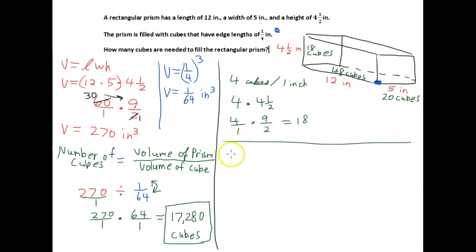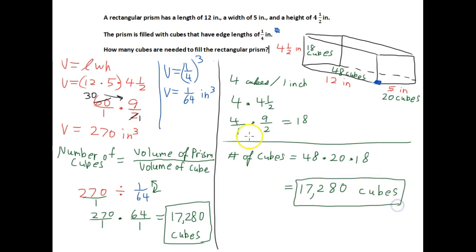I'll show that. Number of cubes equals 48 times 20 times 18. And guess what? It equals the same thing. It better. Otherwise, we would break mathematics. It has to equal, even doing it different ways.